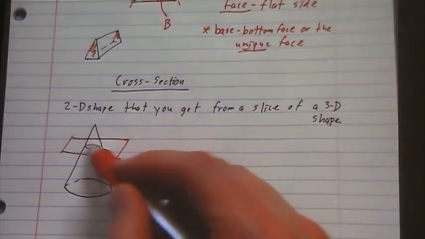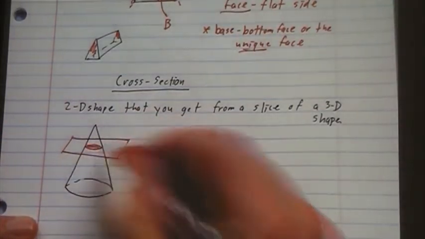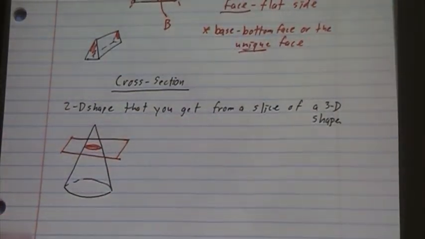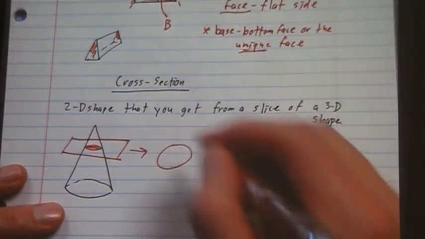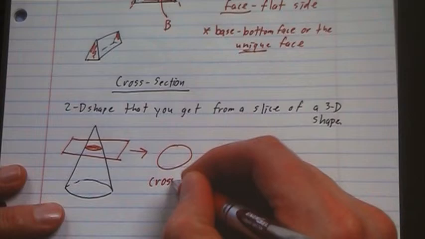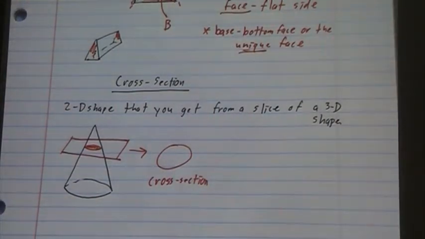Well, what shape is left over on top? It looks like a circle. So a cross section would be a circle. I am going to go over these a little bit in the examples, but that's about the best I can think of.